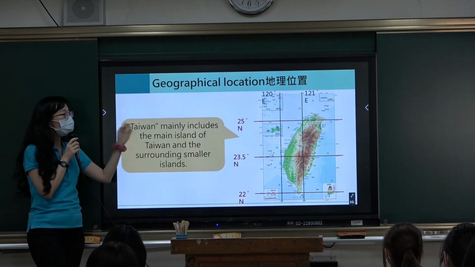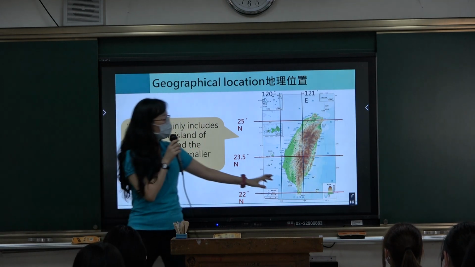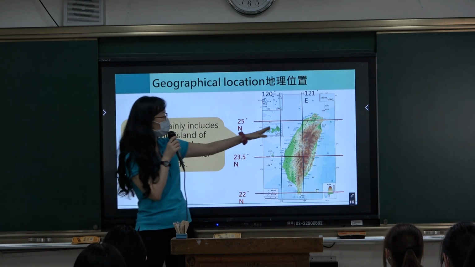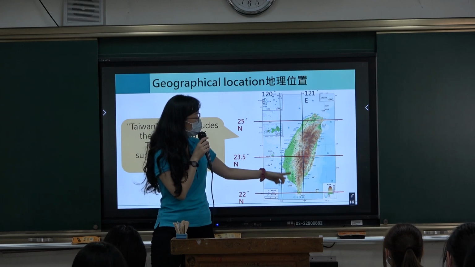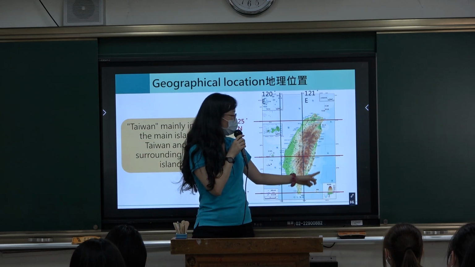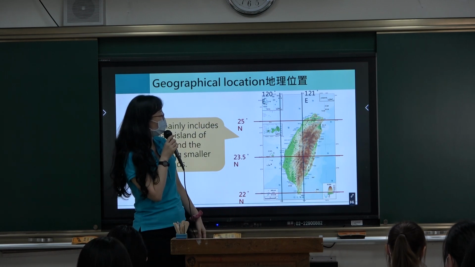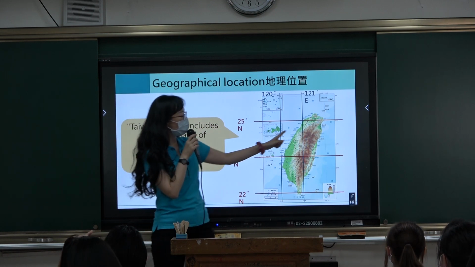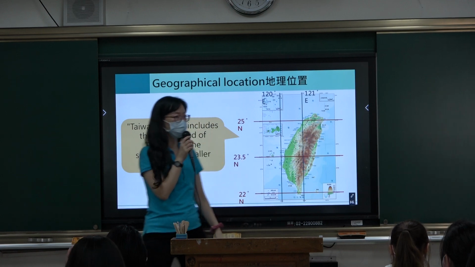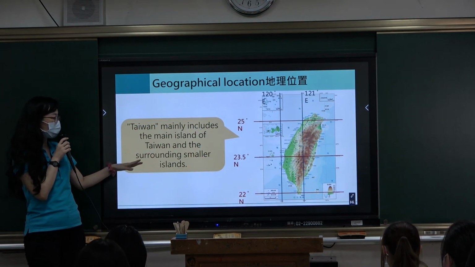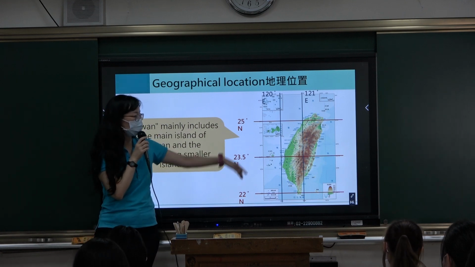So Taiwan mainly includes our main island, Taiwan, and also the surrounding islands like Penghu, Xiaoliuqiu, Green Island, Lanyu, Jinmen, Mazu, and also the Guishan Island. And then the surrounding islands are quite smaller than the main island of Taiwan.